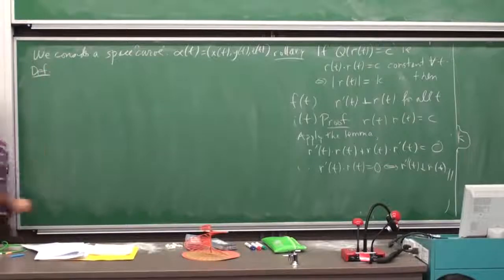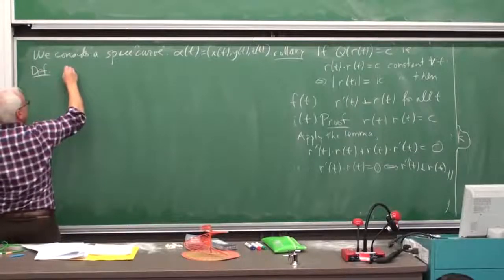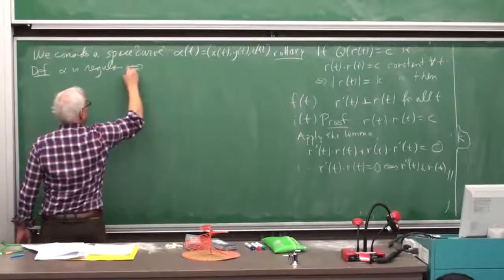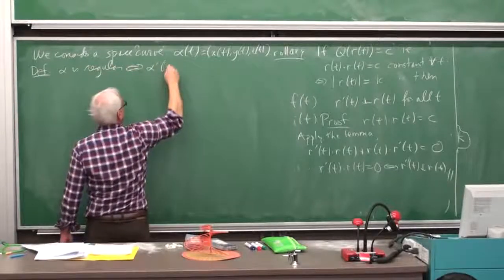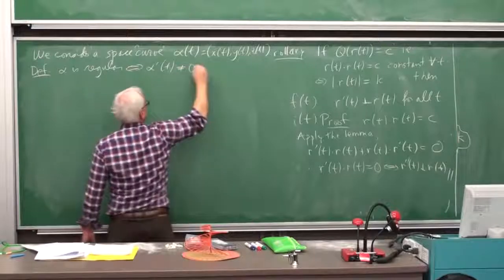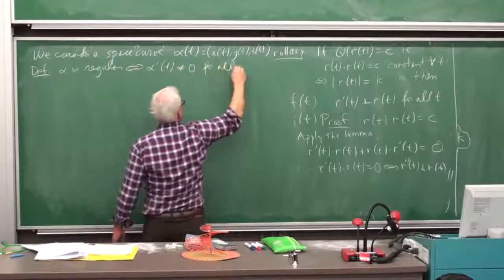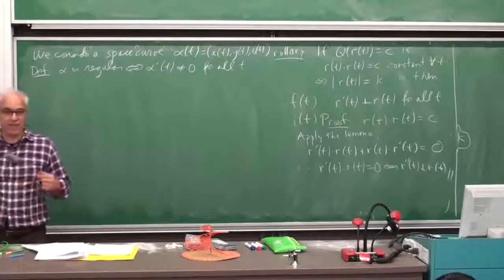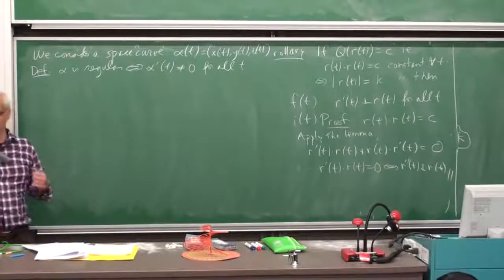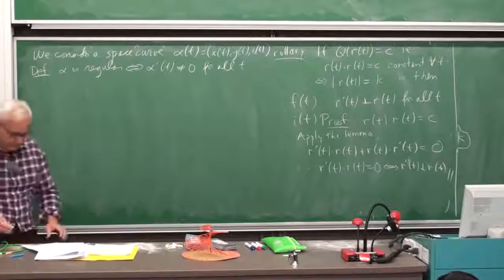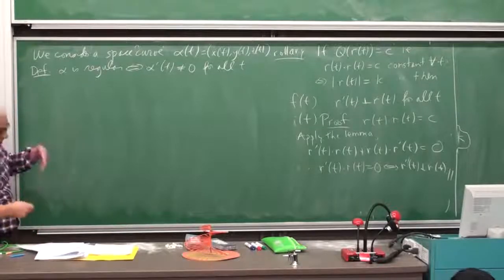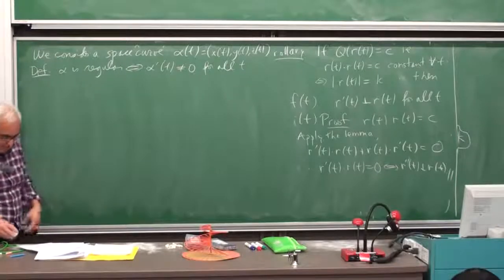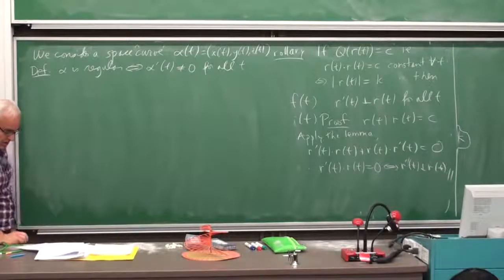We say that this curve alpha is regular if alpha prime of t is not equal to 0 for all t. If the velocity doesn't ever become 0. The thing keeps moving. That's going to be a useful condition because we're going to be dividing by speeds occasionally.